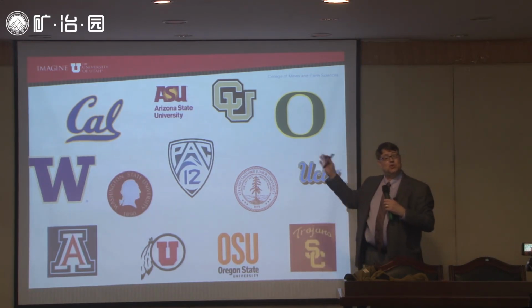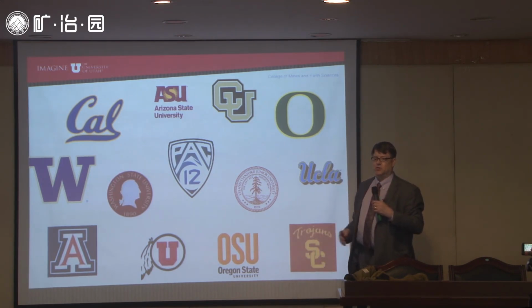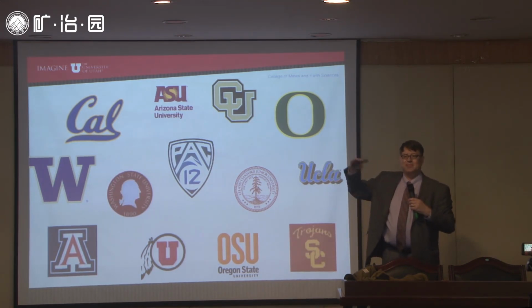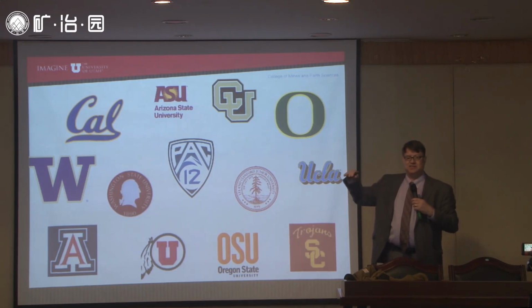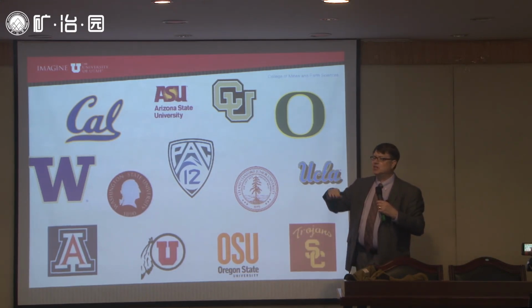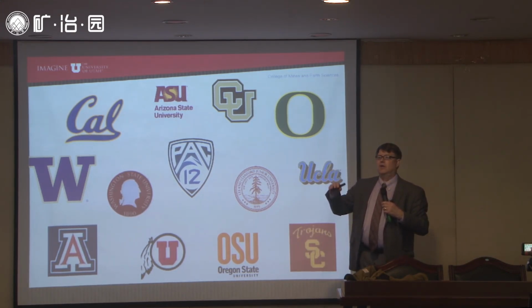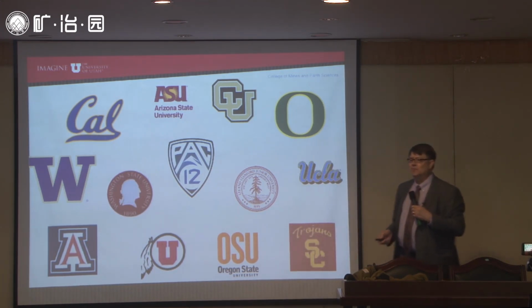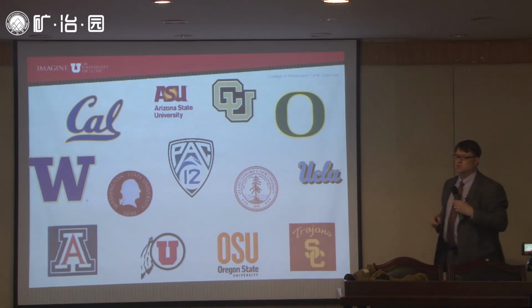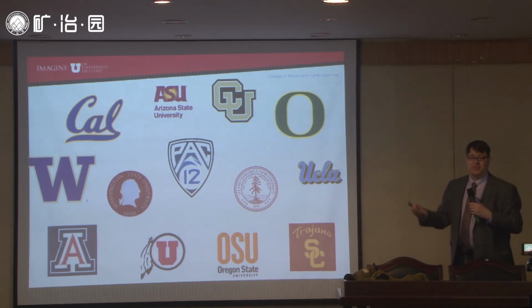All of these schools are our peers, in other words. So we are at the same level in some sense as these schools. Academically, we are somewhere in the middle. Athletically, sometimes we're at the top and sometimes we're at the bottom. But all of these schools work together to improve their academics as well as their athletics.